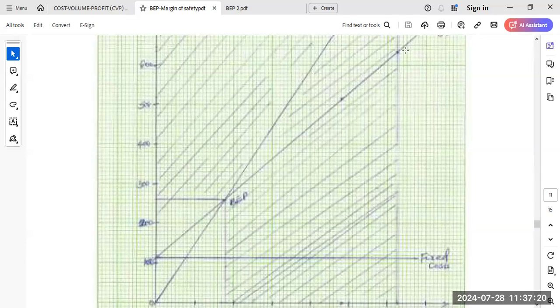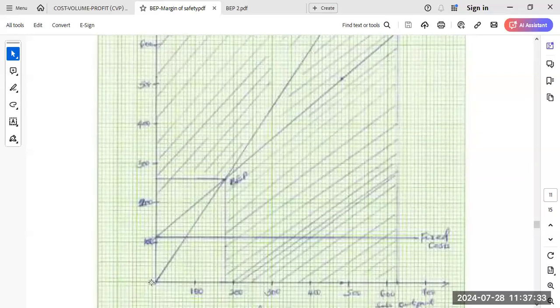Then join these 2 points, starting from where your fixed cost line starts from. You will start from here. For total cost, don't start from here. It's only total revenue that starts from point 0.